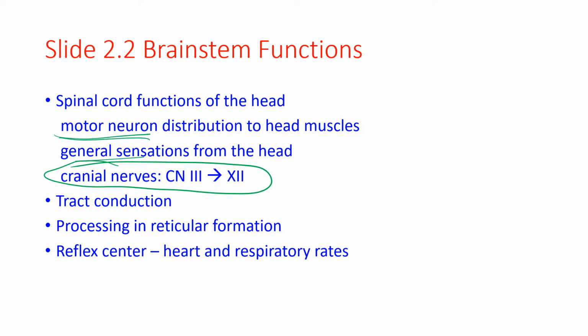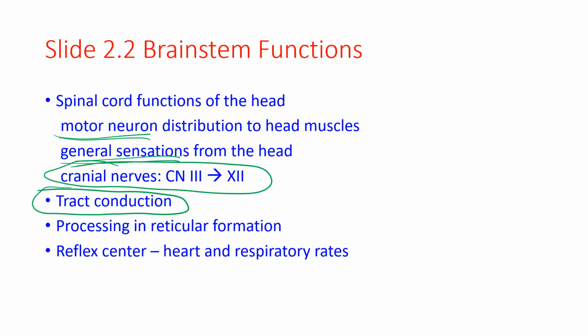We're going to see general sensory neurons coming out of the brainstem and then distributing to various head structures. But also the brainstem is going to be just for tract conduction. Say we have a sensory tract coming from the spinal cord and going to the thalamus. Well, it's going to have to pass through the brainstem.